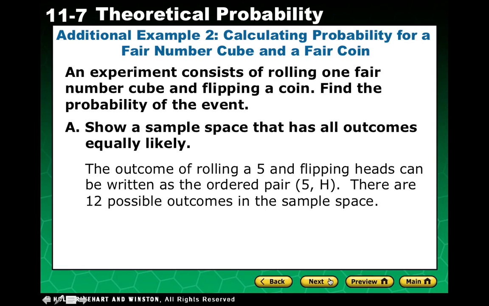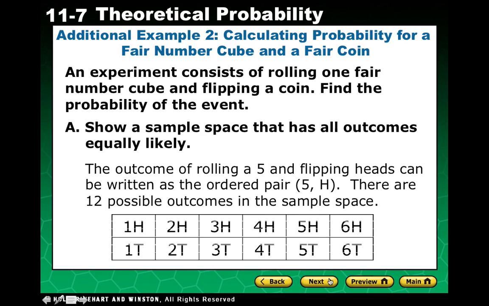The outcome of rolling a 5 and flipping a heads can be written as the ordered pair 5, H. There are 12 possible outcomes in the sample space. You could roll a 1 and get a heads or tail, a 2 and get a heads or tail, 3 heads or tail, 4 heads or tail, 5 heads or tail, 6 heads or tail. And we're looking for 5H, and there's only one of those out of the 12 possible outcomes.